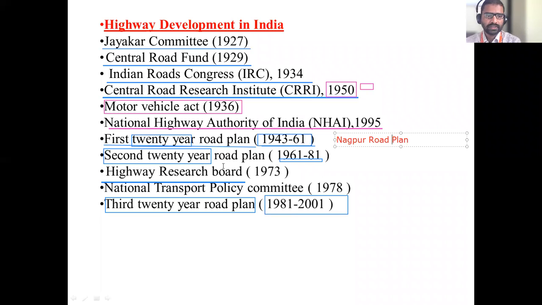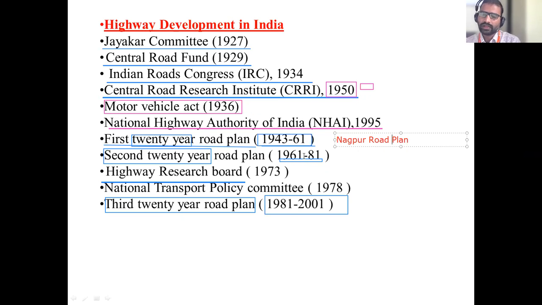Okay, next, second 20-year road plan. It is 1961 to 1981. You can take this as 1943 to 1963 also, but when you come to the second 20-year road plan, you have to start from 1961 only. Actually, the first target was 1943 to 1963, but they completed it in 1961.